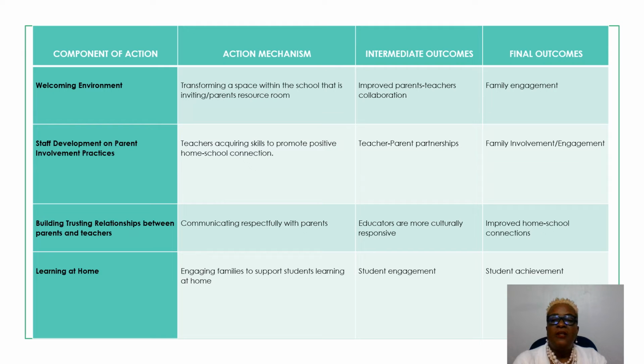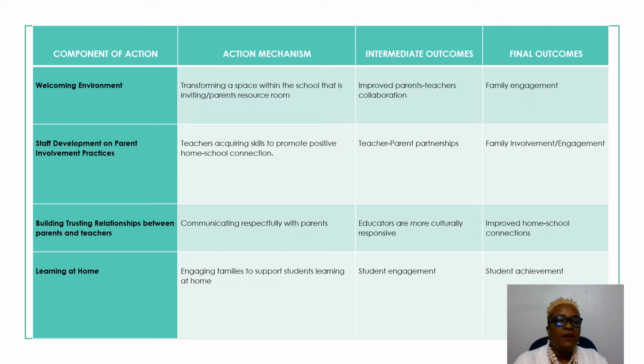And finally, in our fourth component of action, we look at connections to students' learning, which is actually learning at home. And the action mechanism here is engaging families to support the students' learning at home.